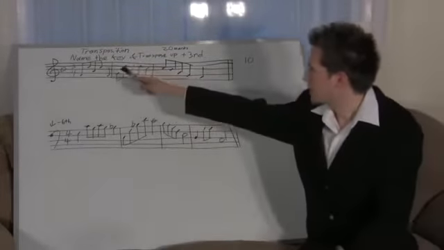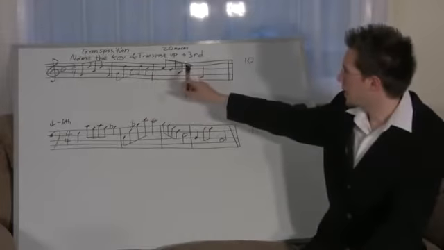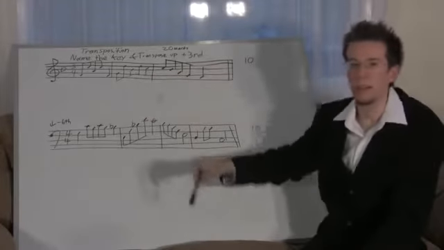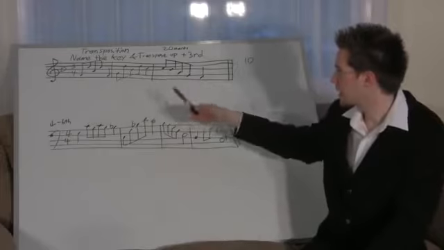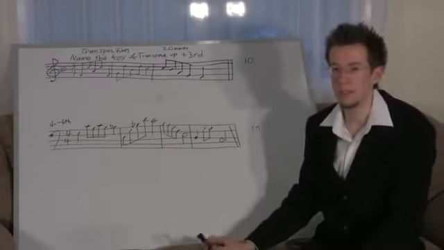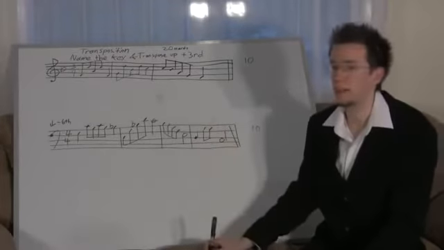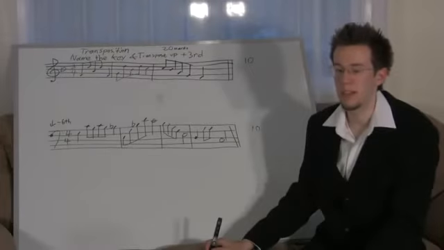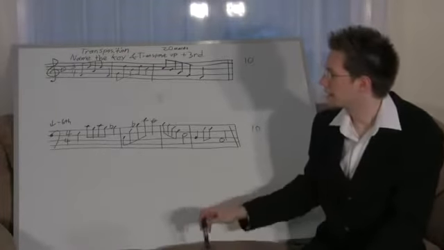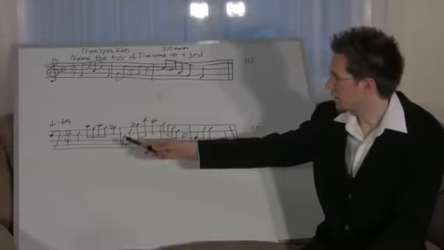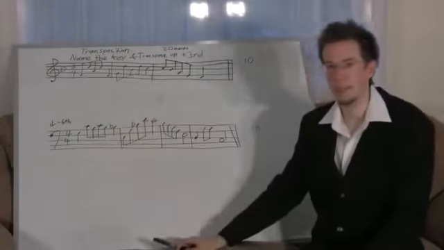Okay, so this says name the key and transpose up a major third. You're going to have to name what key this is in. It should be very obvious. Just look at the key signature and your notes. And for the one here, I just put down minor sixth.